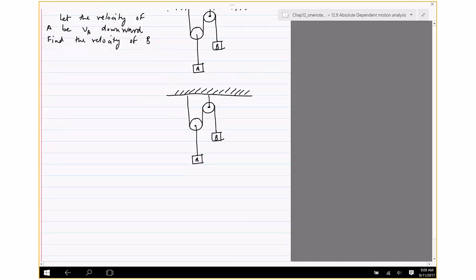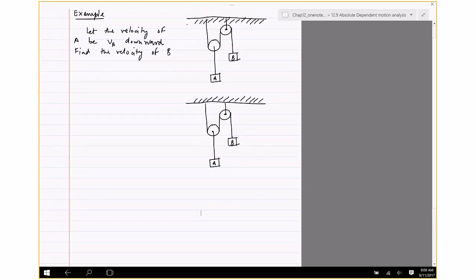Okay, so I'm going to draw the origin on a different figure just so that I'm very clear. So the same recipe: fix an origin. In this case, since the motion is in the y direction, it makes sense to fix the origin here.